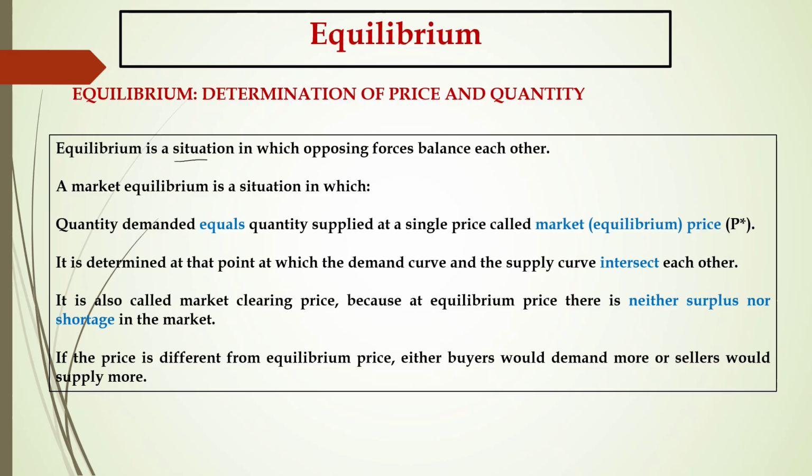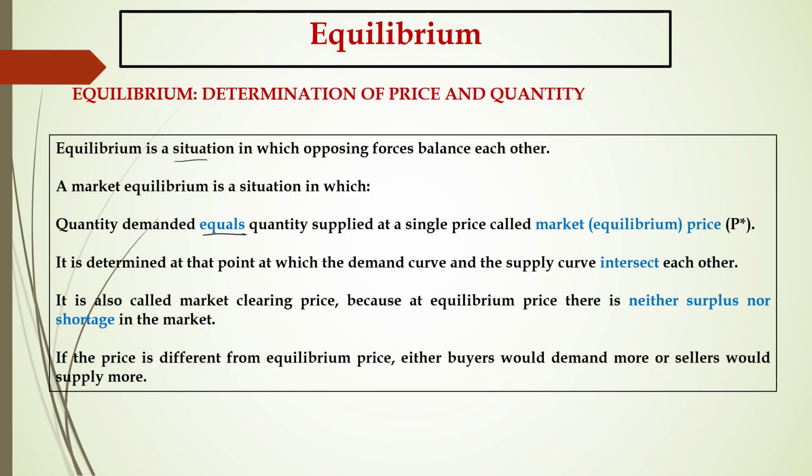So a market equilibrium is a situation in which the quantity demanded equals the quantity supplied at a single price, called the market equilibrium price. It is determined at the point at which the demand curve intersects the supply curve.